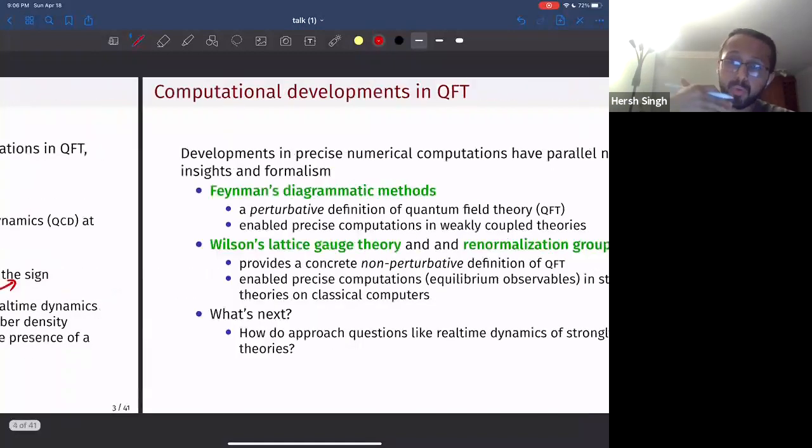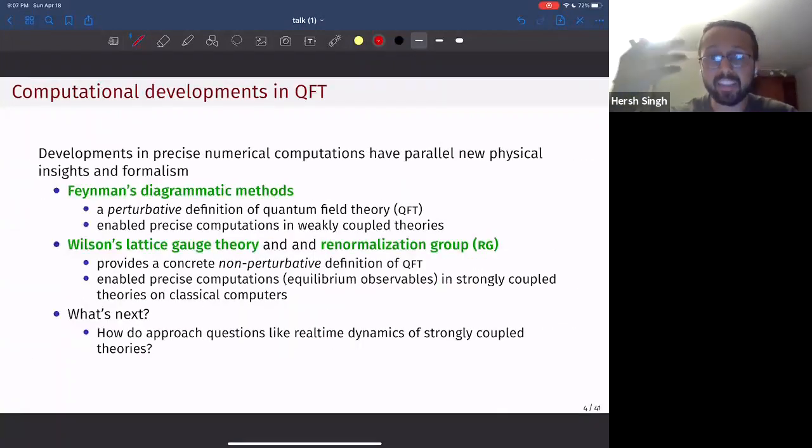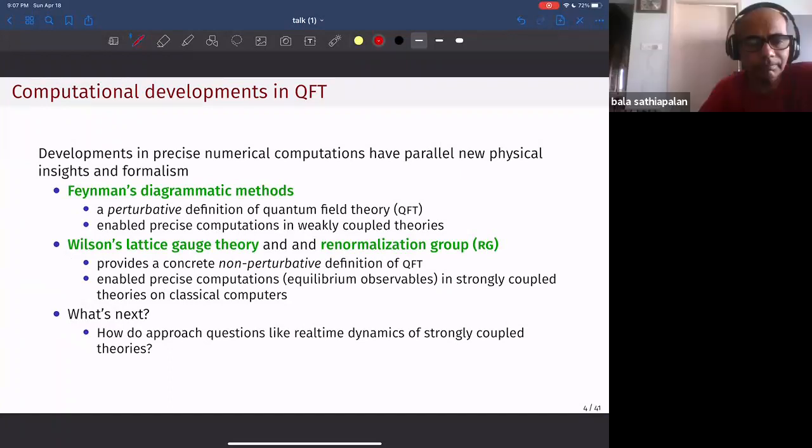But if you look at the history of quantum field theory, there's a way of looking at it in which developments in ways of doing numerical computations have paralleled new physical insights and new formalisms, right?